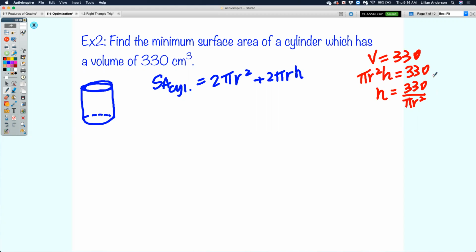So I'm going to take that value of h and plug it into my surface area equation. So surface area of a cylinder is equal to 2 pi r squared plus 2 pi r, and instead of h, I'm going to put in that expression that we solved for h, like so.